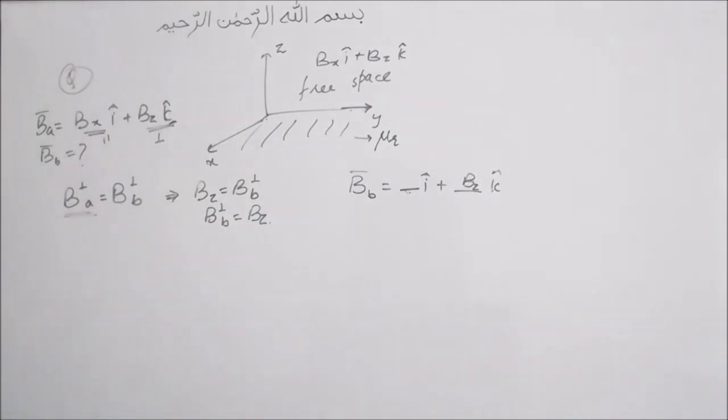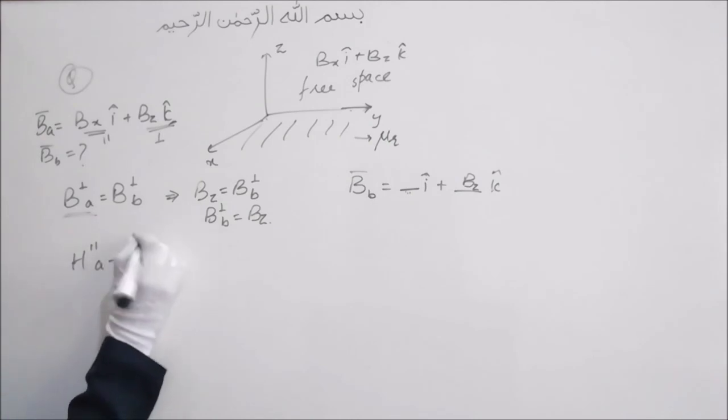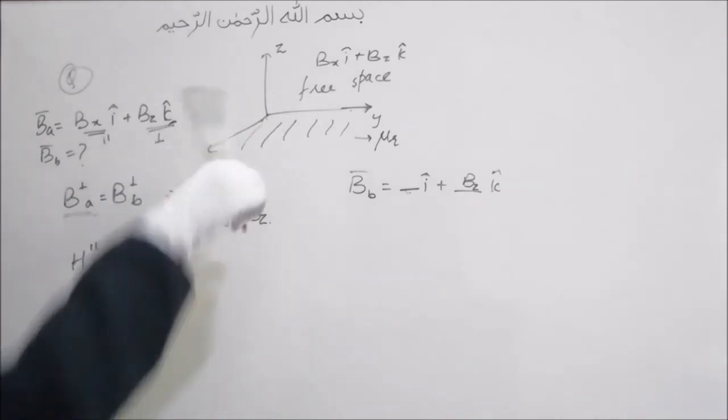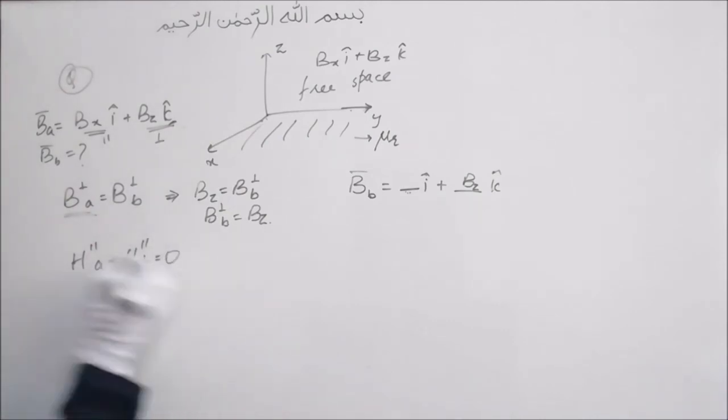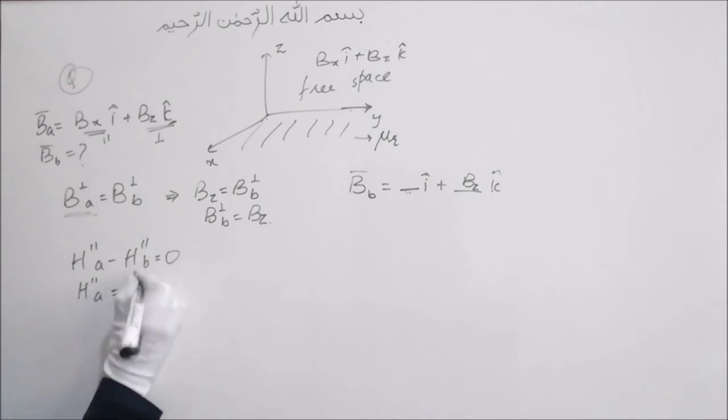That means we need the parallel component below. And we also know H parallel above minus H parallel below is equal to K free. At the interface, K free is equal to 0. So we have H parallel above is equal to H parallel below.